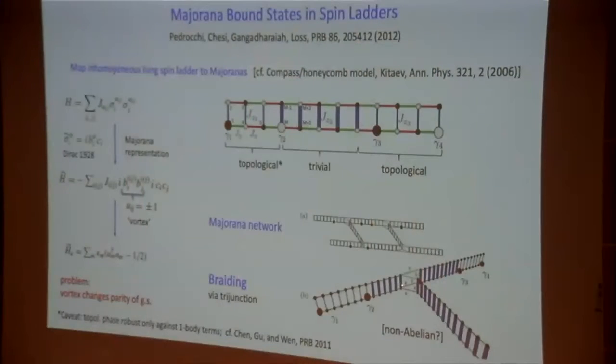Yeah, well, I just go back to this picture. So here, this is key. It's a kind of tri-junction. So you have one ladder here and a connected ladder here. And you have exchange coupling like this here.